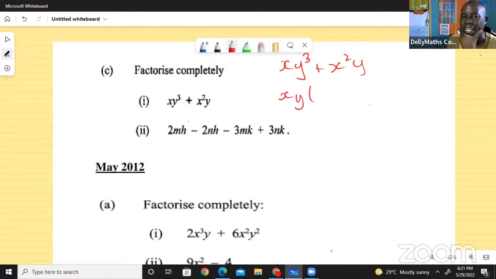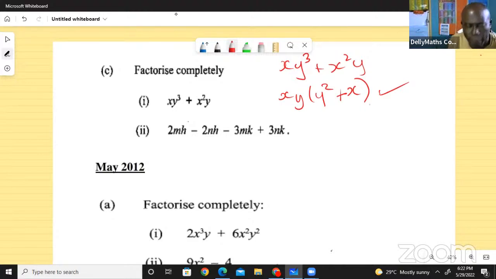So we divide xy into xy to the third, we're left with y squared. Then we put xy into x squared y, and we're left with x. So there it is: xy, open bracket, y squared plus x, is the factored form.